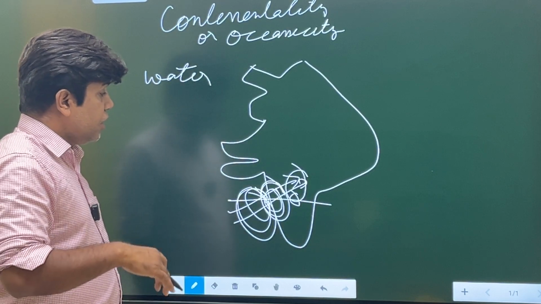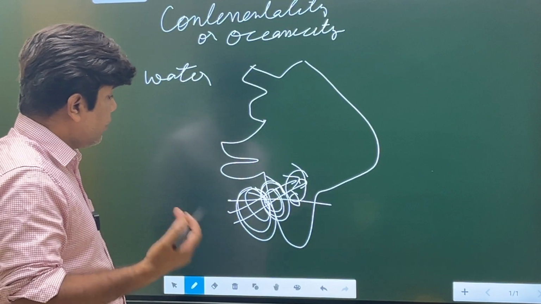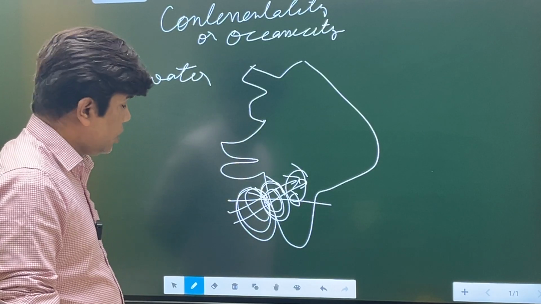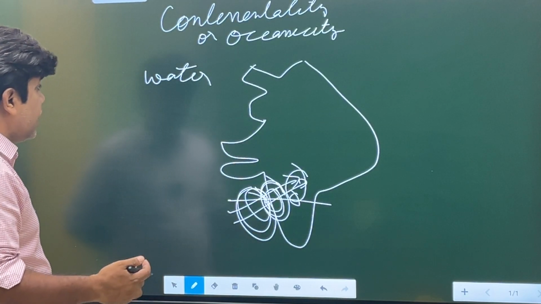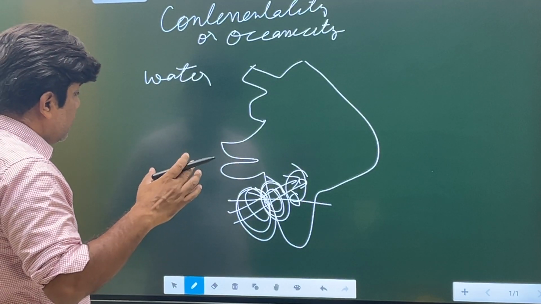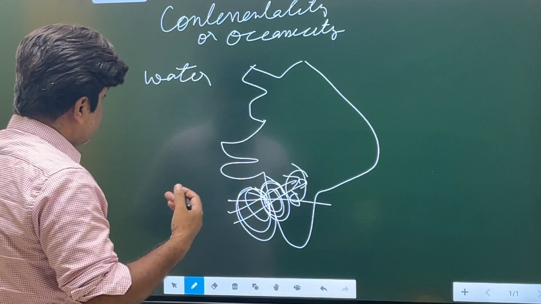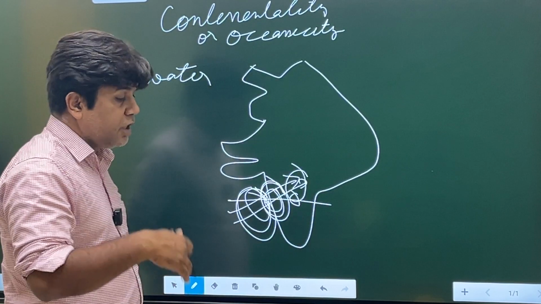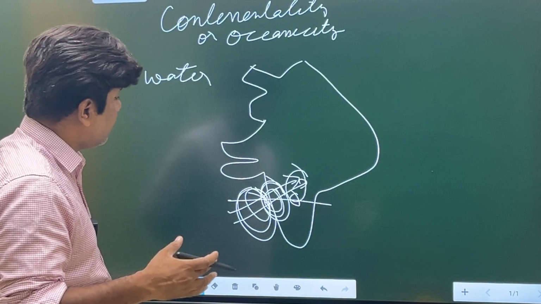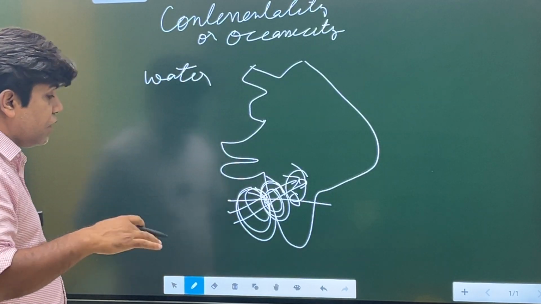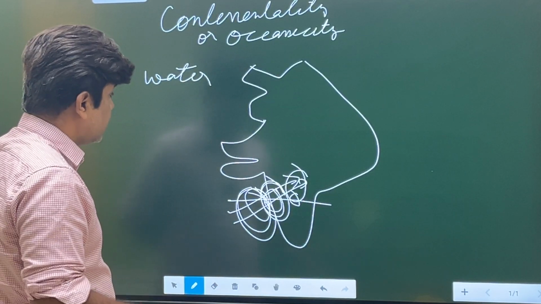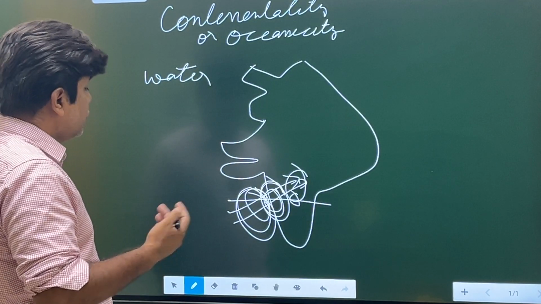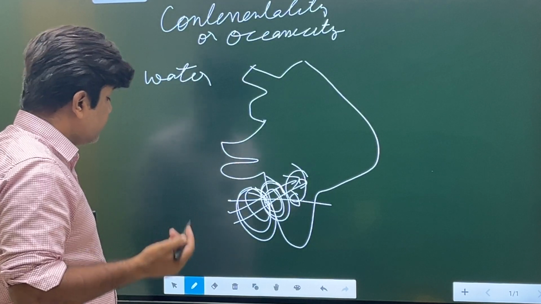That's why their annual temperature range is very high compared to areas located on the coast, because land has a low specific heat. It means that it may get heated very fast, and it may also cool down very fast. So that is the reason why continentality and oceanicity also determine the temperature.